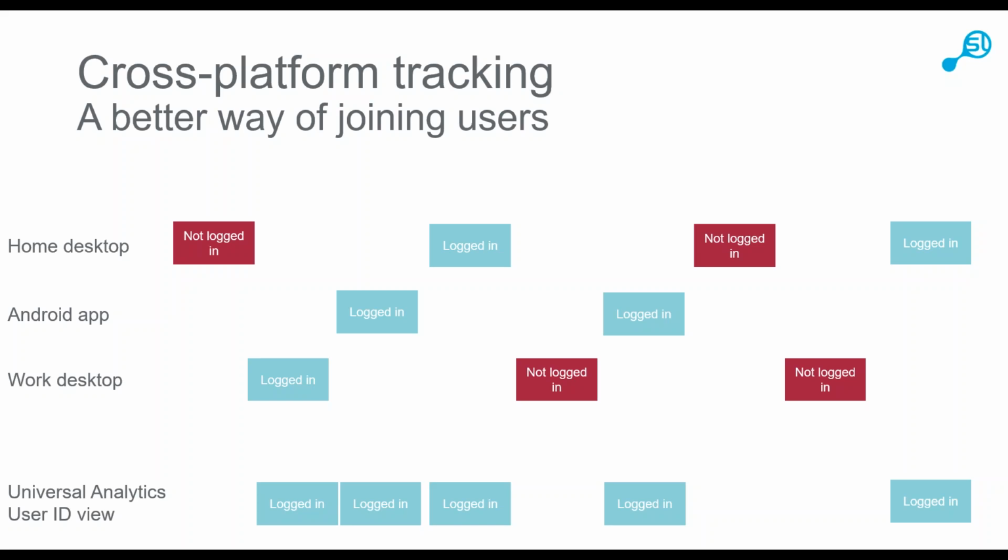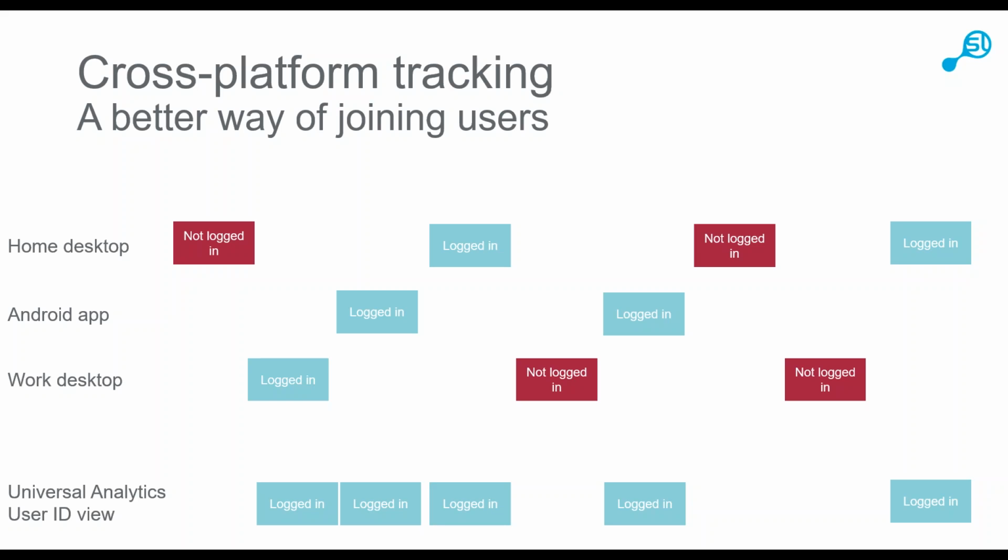Google Analytics, the current version, has a way of dealing with that. They've got a thing called the user ID feature, which requires you to output your CRM user ID in the tracking code when people log in. And then you have to create a separate view that's siloed from the main client ID view. And it will join all these logged in sessions up together so you can understand your users as they come back.